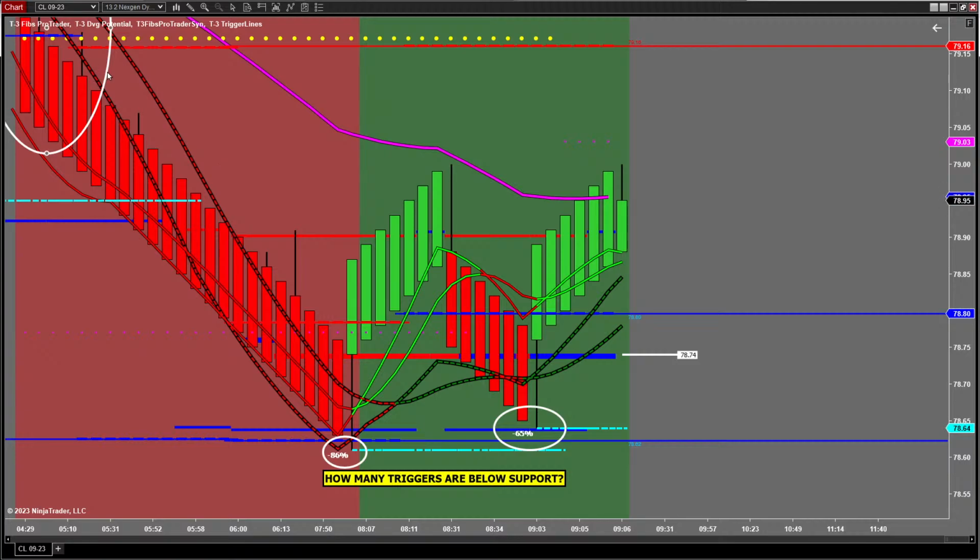When we talk about strong trigger lines, this is where we start anticipating. We've already anticipated the bottom is in from over here, so what we're trying to find is opportunities to go long. It's going to create a line in the sand for you. We may get another bounce back from the mid band.